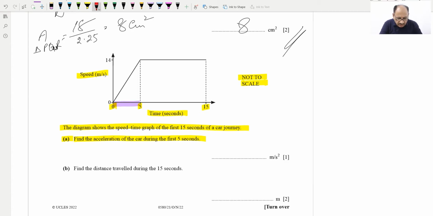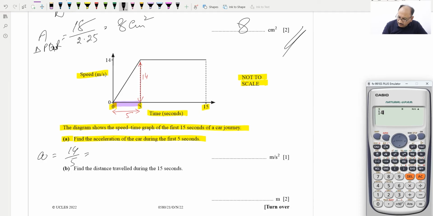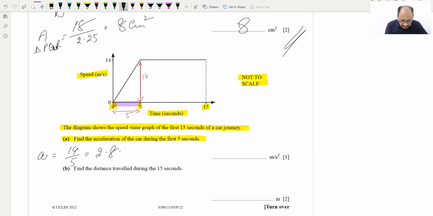This rise is 14, and run is from this to this, which is 5. So acceleration for the first 5 seconds is 14 over 5, which will be equal to 2.8 meters per second square. This is our answer for 1 mark.